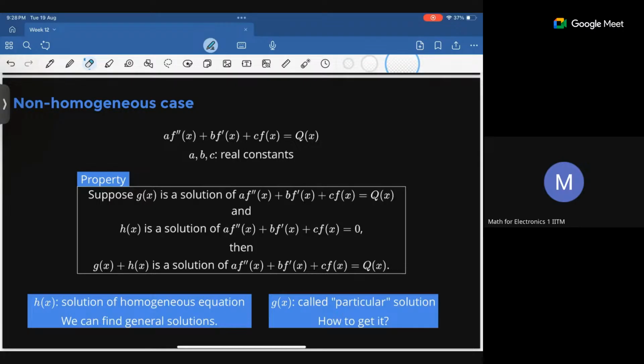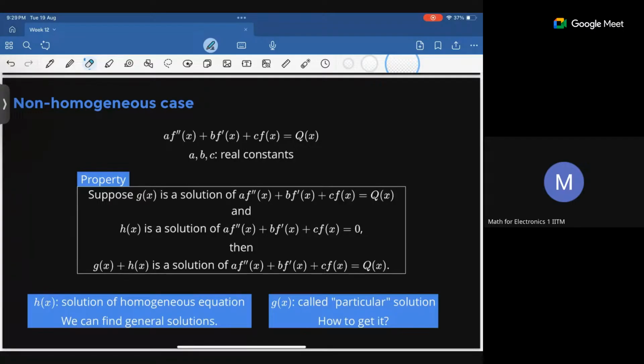Then the sum of these two, which is the solution for the homogeneous equation and the solution for the non-homogeneous case, which is also called the particular solution, right? So the addition of these two gives us the complete solution. So the complete solution is the sum of the homogeneous solution plus the particular solution, and we will try to solve this particular solution using guesswork only.